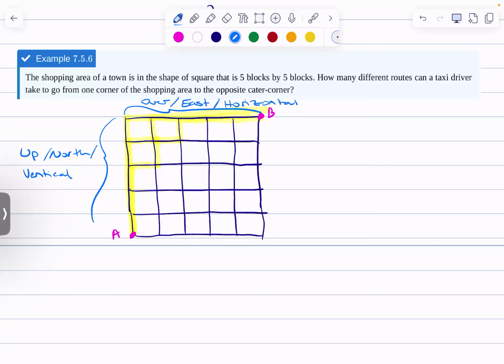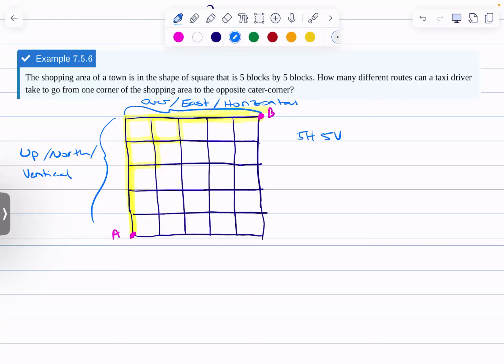If we think about all these routes, or those few routes that we took, and we count how many vertical blocks we traveled and how many horizontal blocks we traveled. We started off and did 5 horizontal, followed by 5 vertical, up and over.